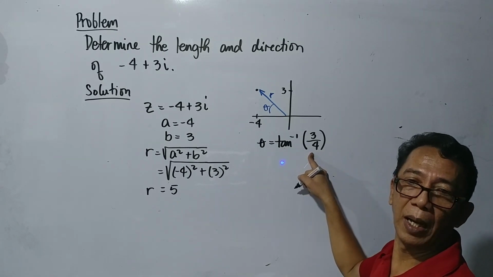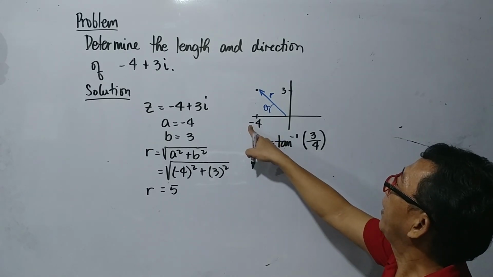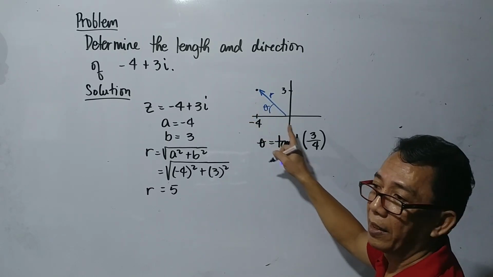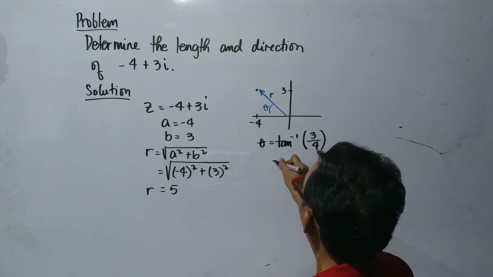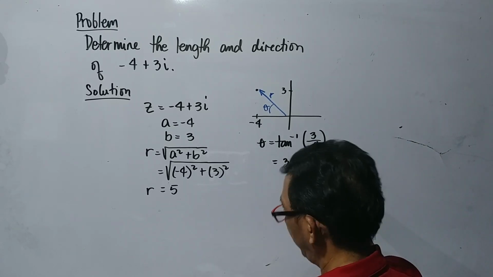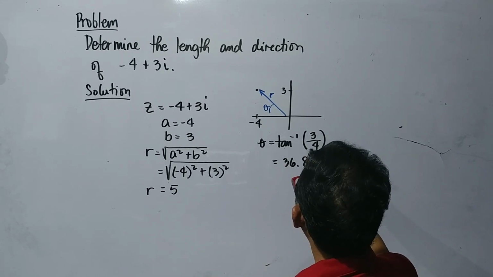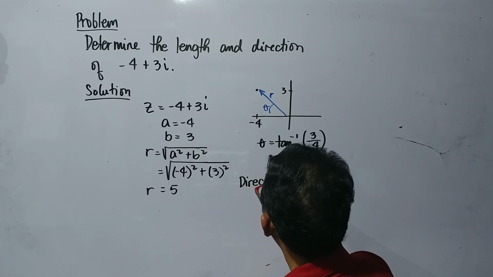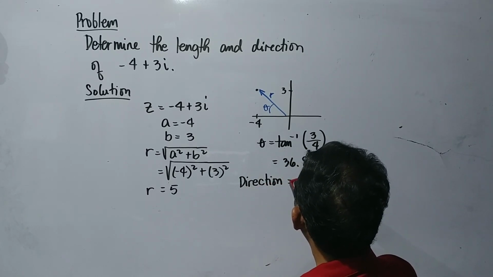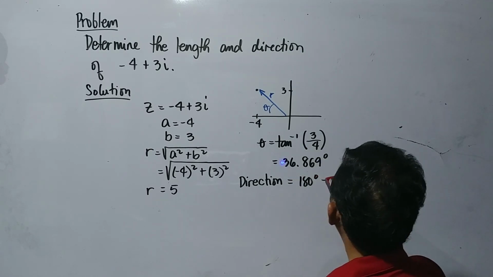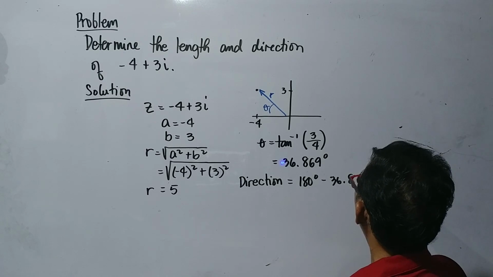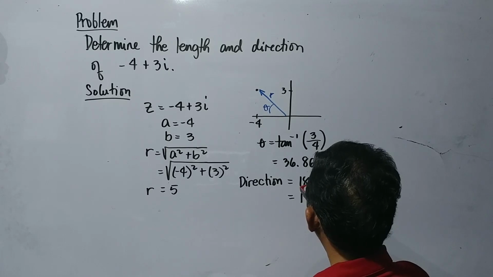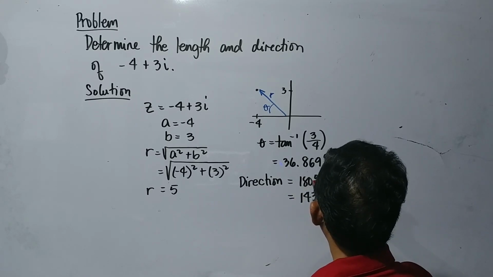Guys, take the absolute value instead of the negative. Since we have already drawn it, it is on the left side, so just take the absolute value 4. We have now 36.869. Therefore, the direction is equal to 180 degrees minus 36.869 degrees, or we have 143.131 degrees.